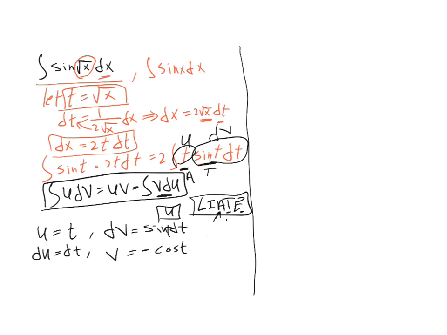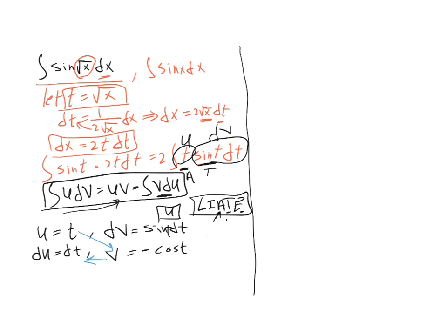Okay, now apply the rule. The integration will be uv minus integration of v du. So multiply u by v, then integrate v du.